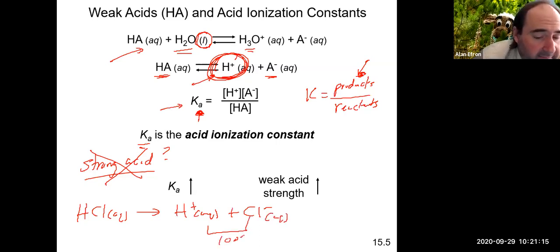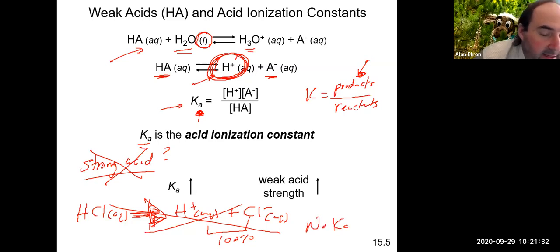There is no back and forth. It's basically a one-way street heading to the product side. So because there's no back and forth, there's no equilibrium that gets set up. And because there's no equilibrium, no Ka value. So no Ka value for anything like that.